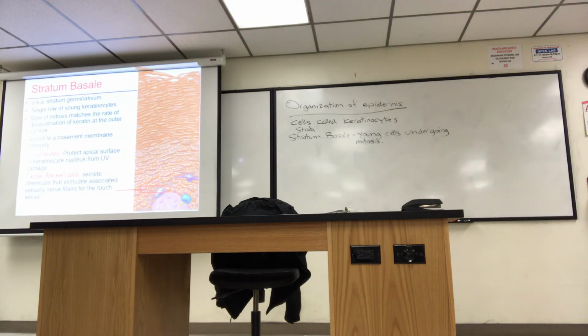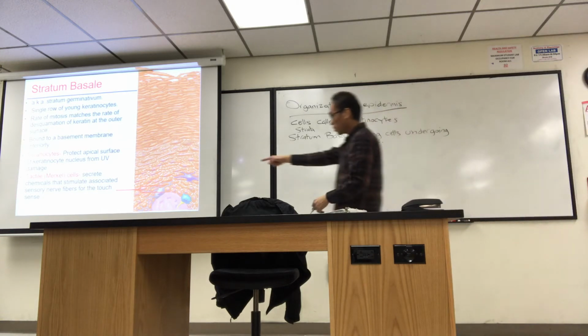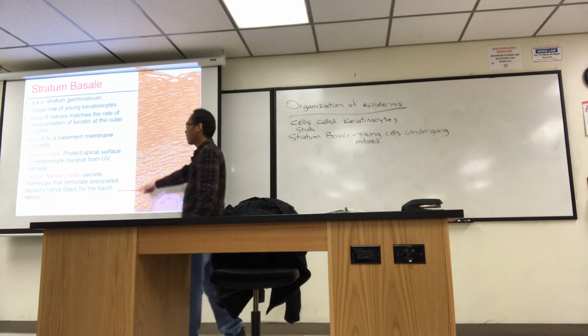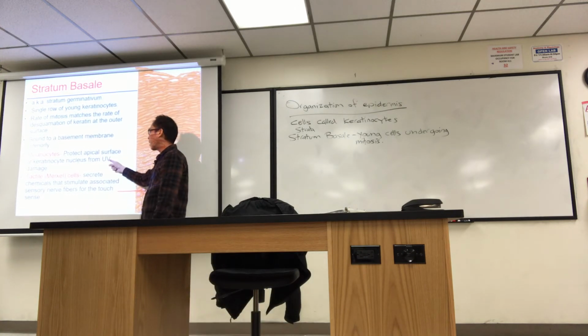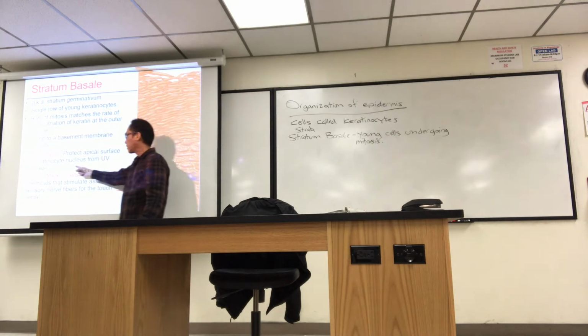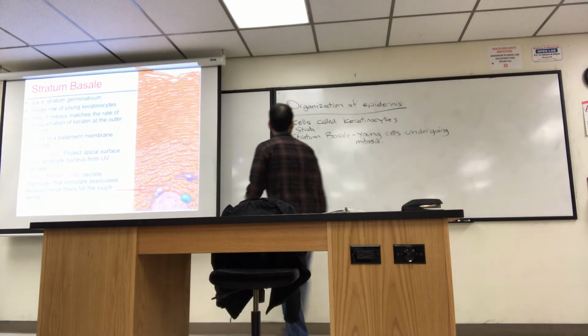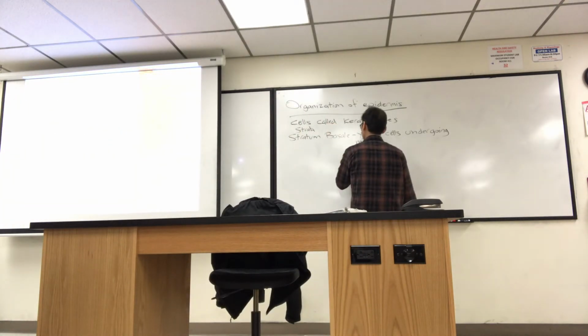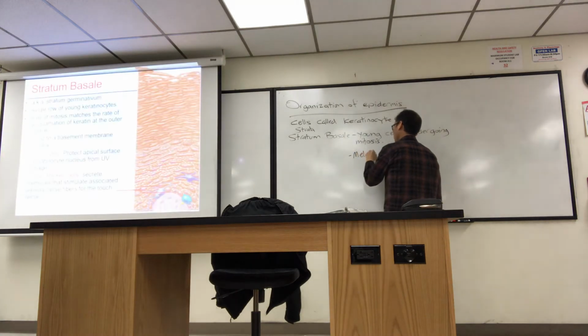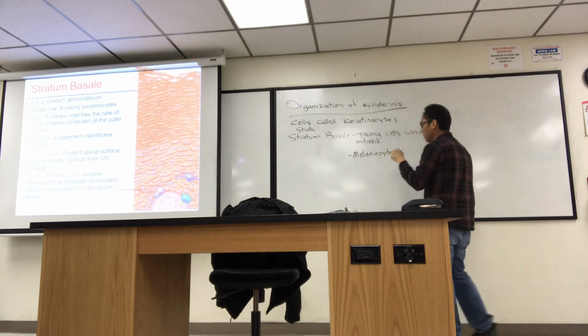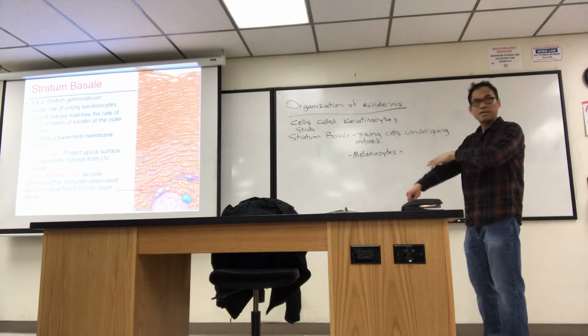There are other cells you find in this very bottom row. I tried to put a little bracket there. Melanocytes protect the apical surface of the keratinocyte nucleus from UV damage. Their secretion, the melanin, is protective.